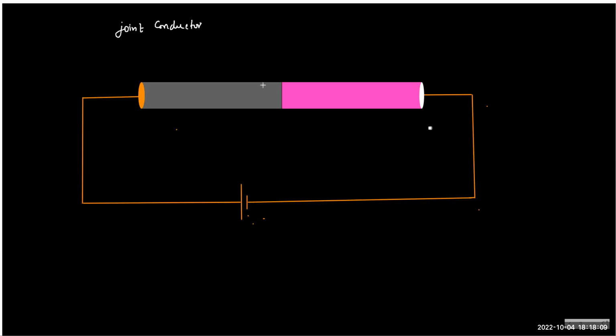So we have two conductors which are joined, and I'm keeping the cross-sectional area the same for both.